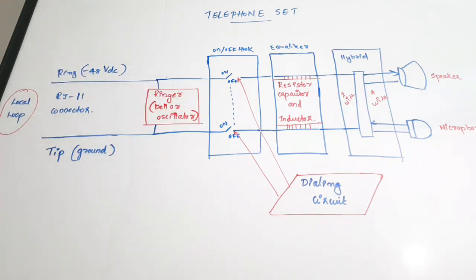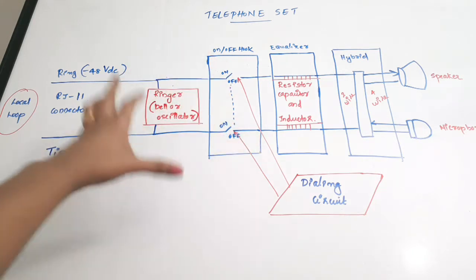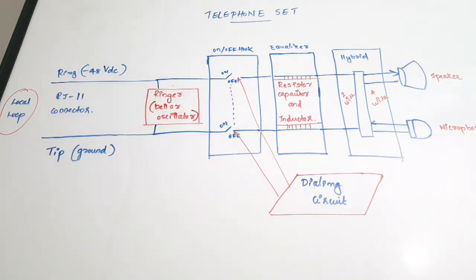The purpose of this ringer is to alert the destination party or the user of incoming calls. In simple words, it generates rings. Whenever the phone rings, it is generated with the help of this ringer, to alert the user about incoming calls.